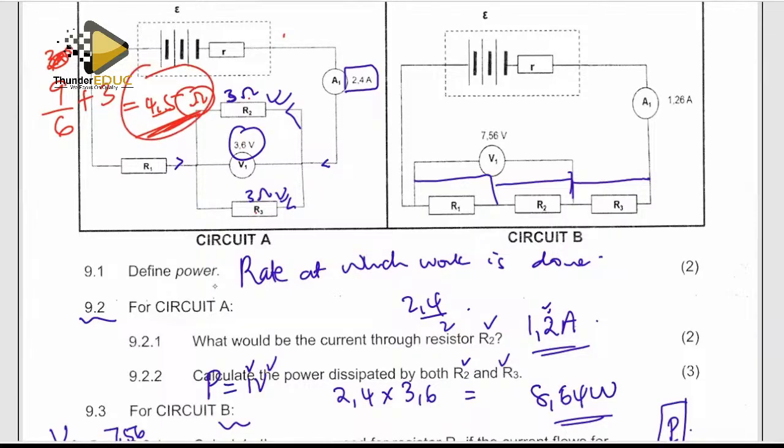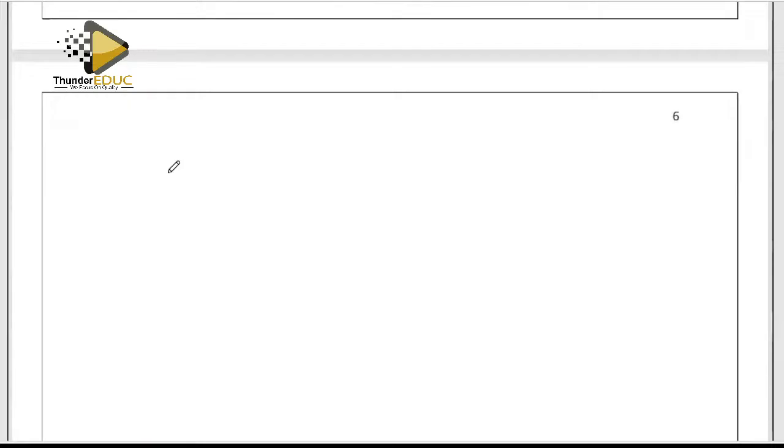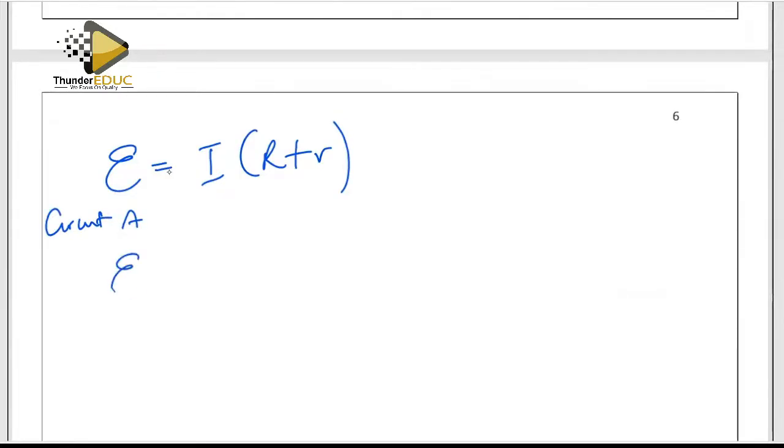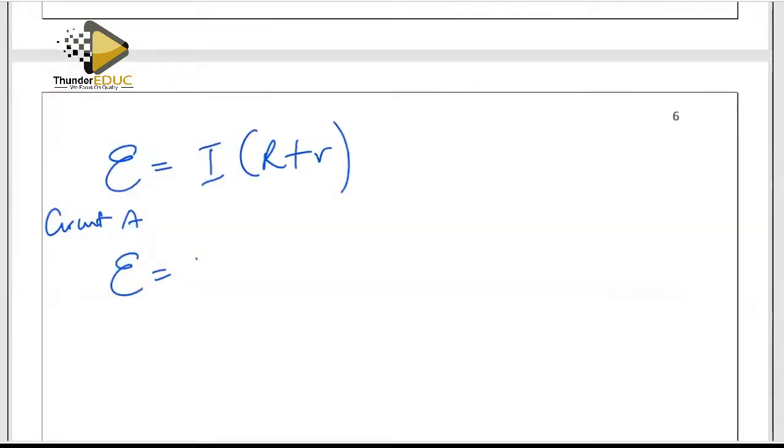So this is the effective resistance for circuit A. Then 3 and 3 gives us 9 ohms, so that's the effective resistance for circuit B. The formula for the EMF is the current times the external resistance plus the internal resistance. For circuit A, my EMF is equal to the current, which we said is 2.4, times 4.5 plus r.